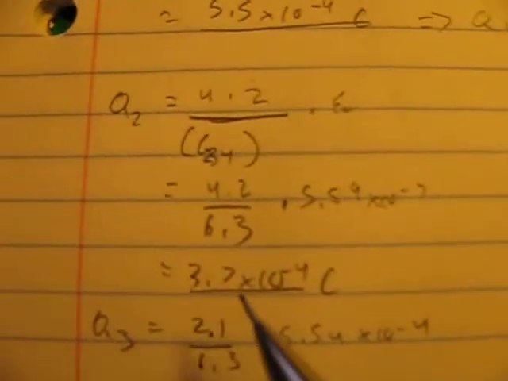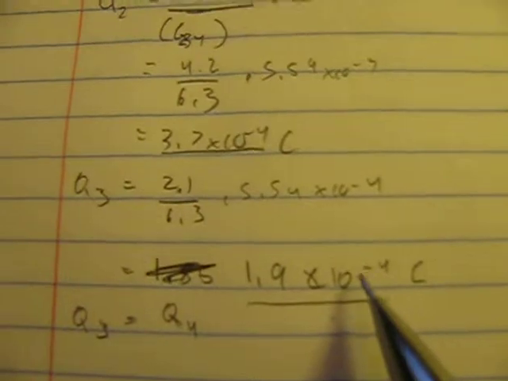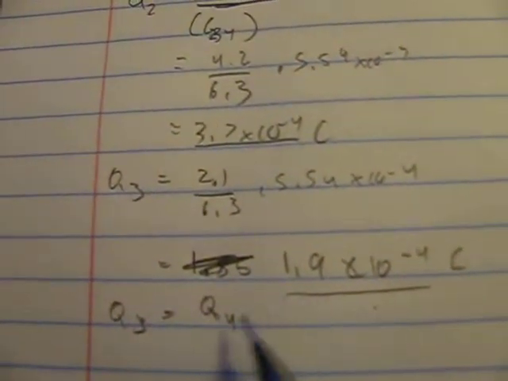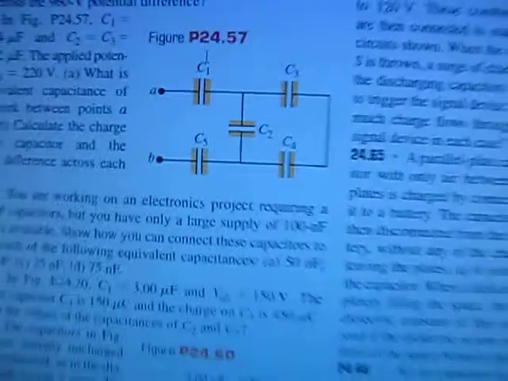We do that, we get 3.7 times 10 to the negative 4. Do the same thing for Q3, and we get 1.9 times 10 to the negative 6. Q3 and Q4 are the same, so I can just say that Q4 is the same, because as we know, Q3 and Q4 are part of the same little series there.